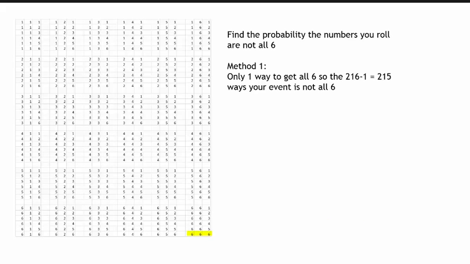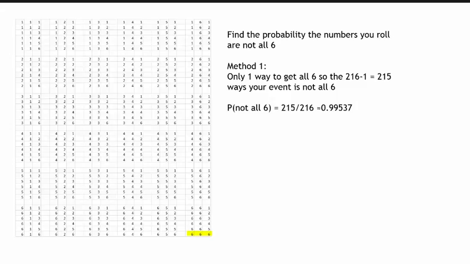You would do 216 minus 1, which is 215. Only one way to get all 6, so 215 ways to get, in your event, not all 6. So the probability that they're not all 6 is 215 out of 216.